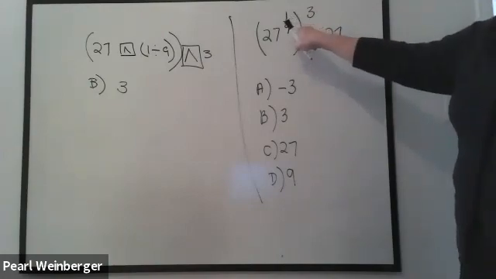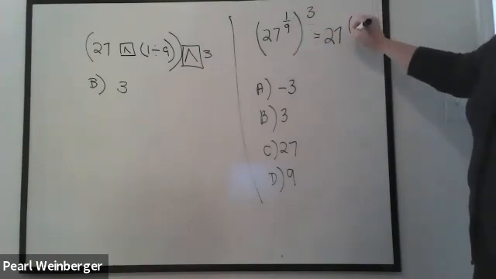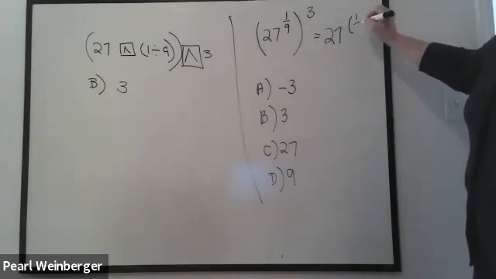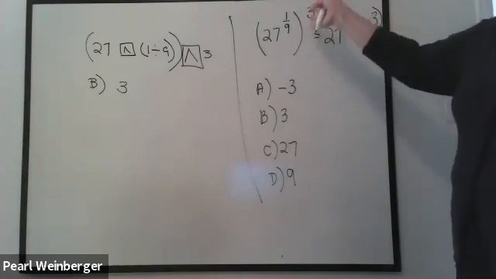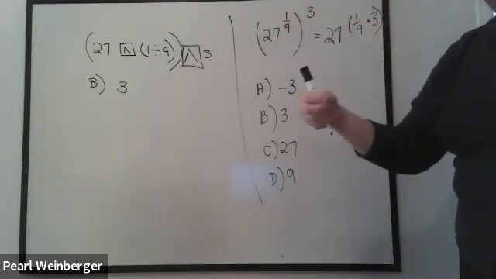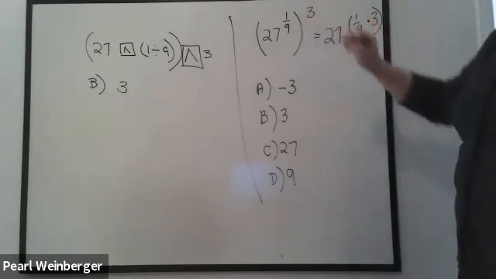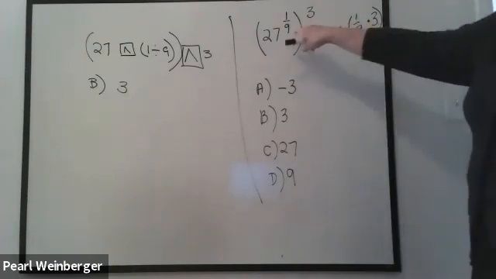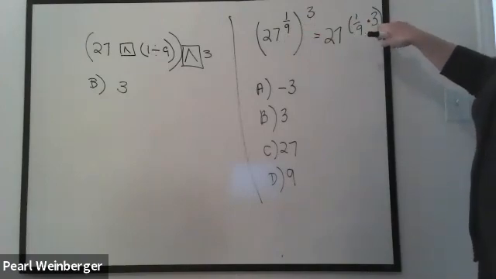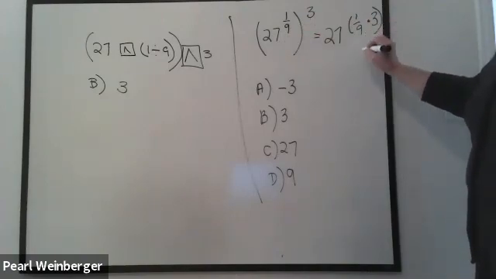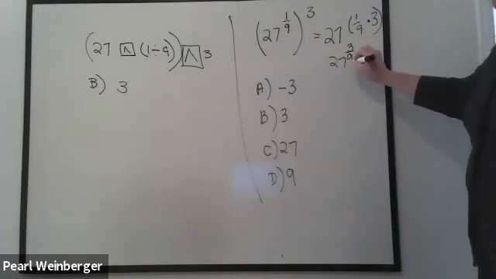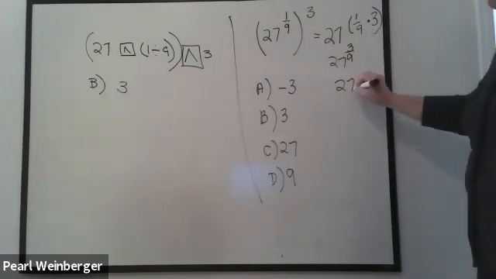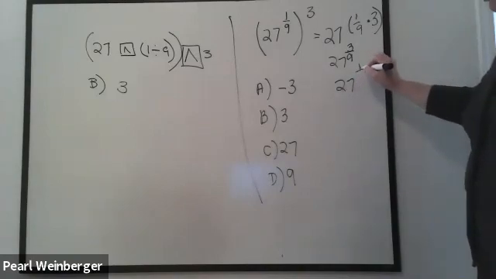In other words, that's the same as saying 27 to the 1/9 times 3, because according to the rules of exponents, when you have 2 exponents on a number, it means that you're multiplying the 2 exponents together. Now, 1/9 times 3 is 3/9, which is the same as saying 27 to the 1/3.